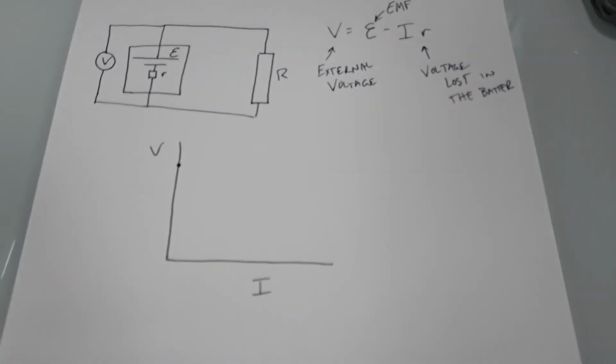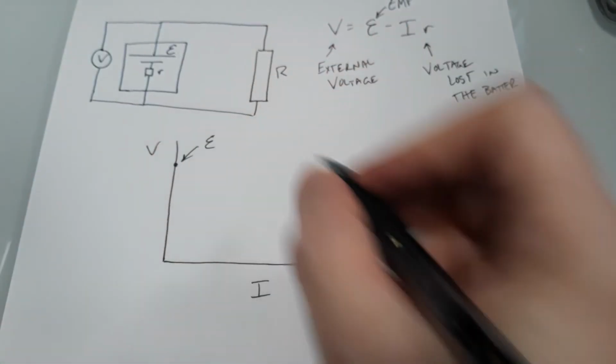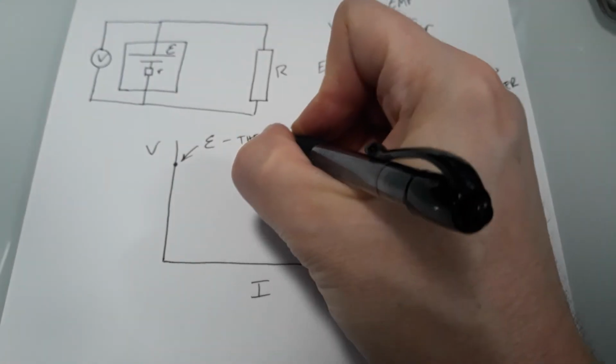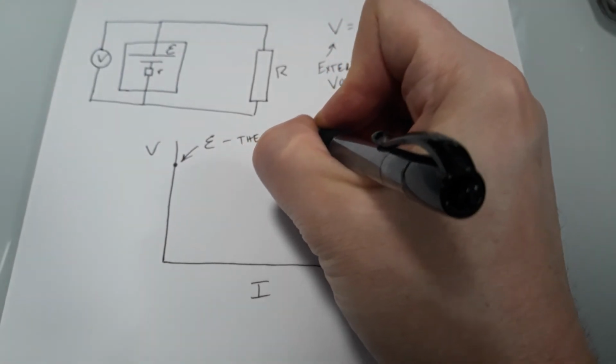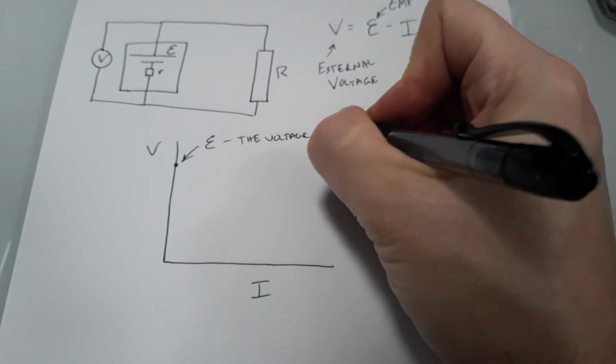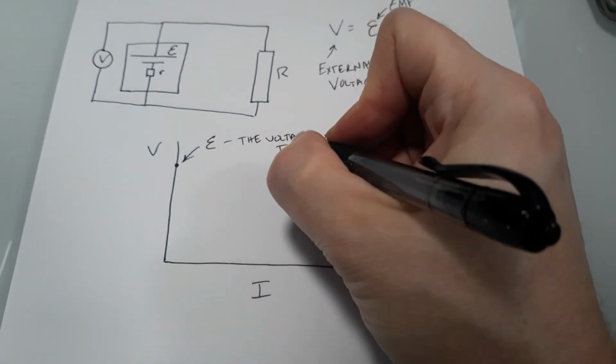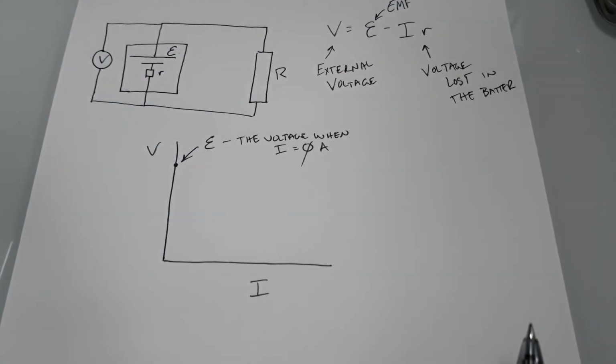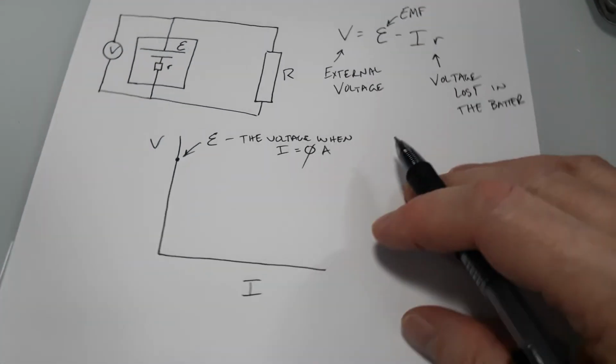It's going to look something like this. That is the EMF, the voltage when I equals 0.